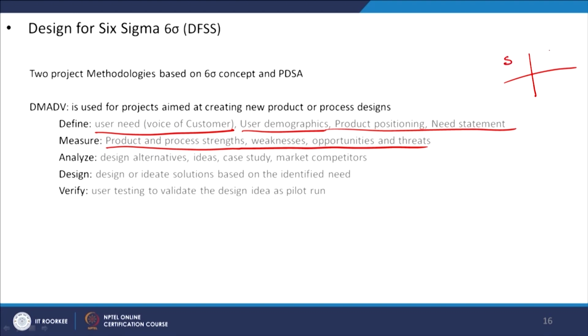Strengths and weaknesses are within the product, which are the internal qualities, and this is external qualities. So opportunity and threat can come within the process.